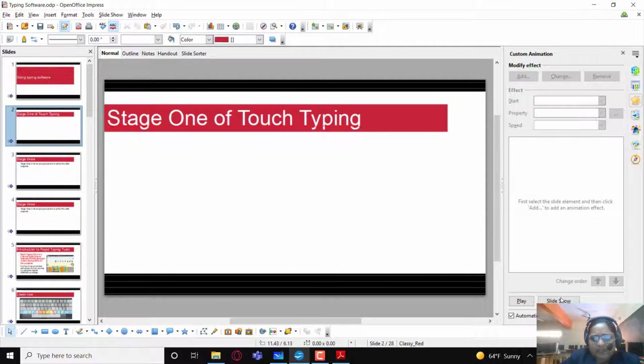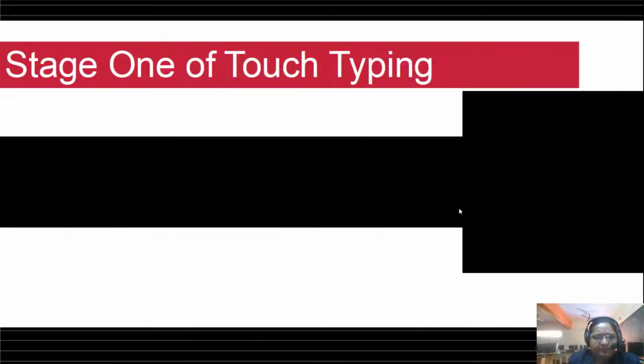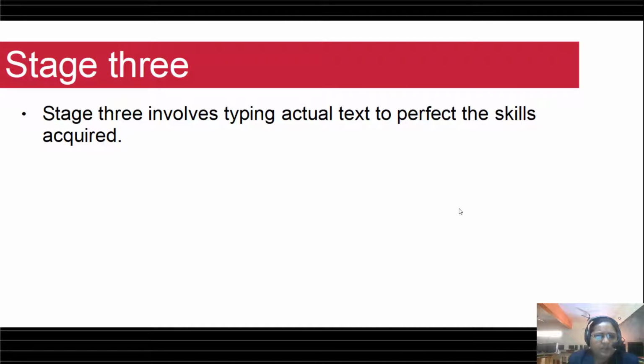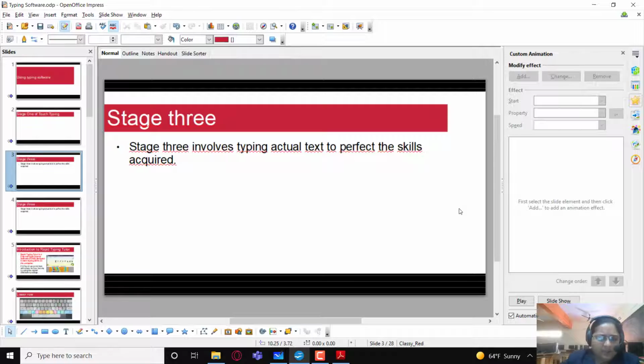If I select Slide Show, you can see that the slide displays on the full screen, and whichever slide transition effect has been added to it is also applied. To come out of the slideshow view, press the Escape key on the keyboard.